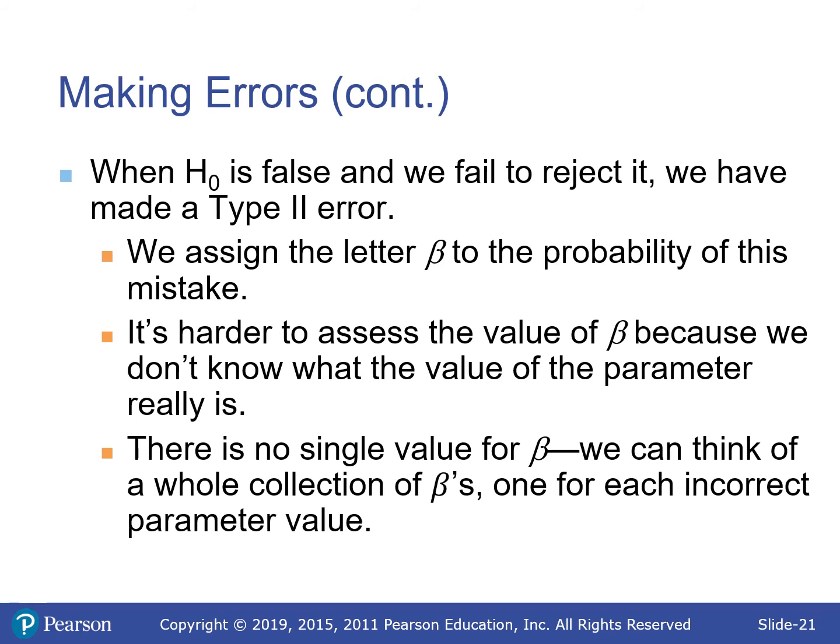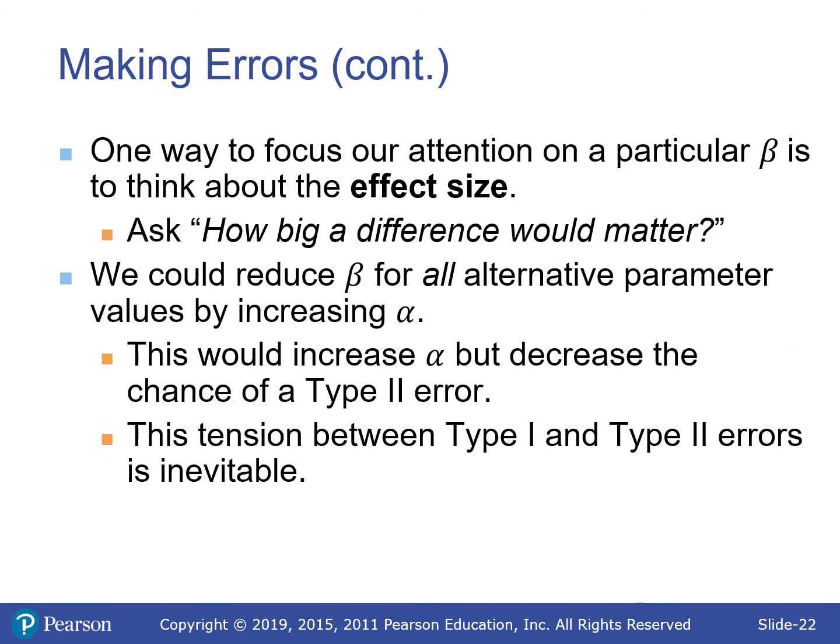And so we'll have this power: if the parameter equals this other thing, it has this power. So it gets kind of weird. One way to focus our attention on a particular beta is to think about the effect size.